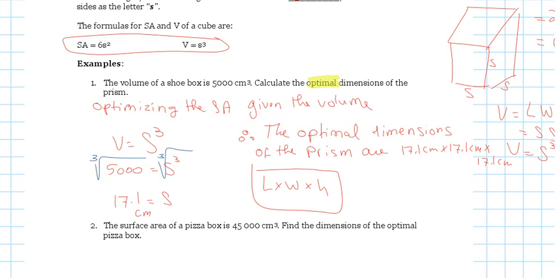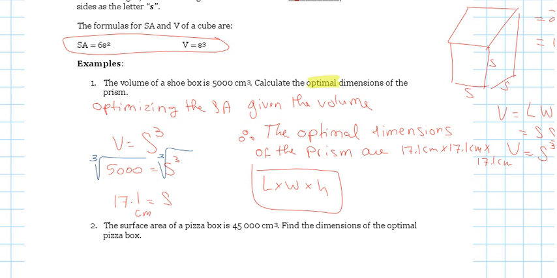Now I can add to this question. I can ask you, find your optimal surface area. I can say, calculate your optimal surface area. What would you do to calculate your optimal surface area?